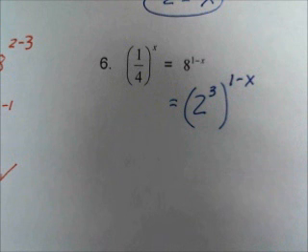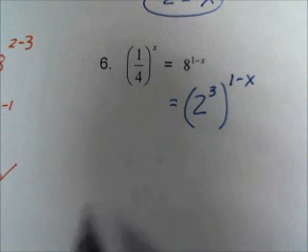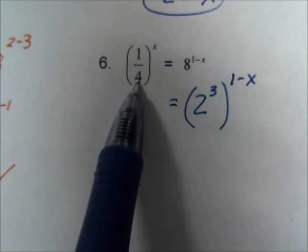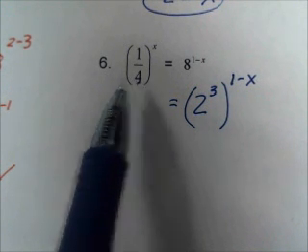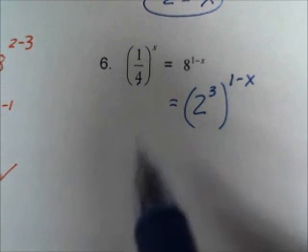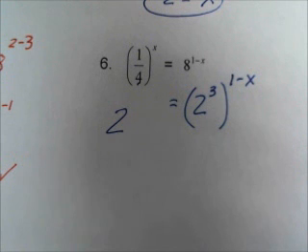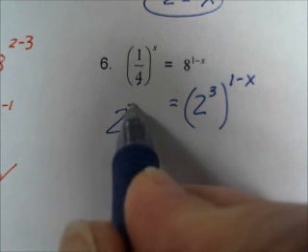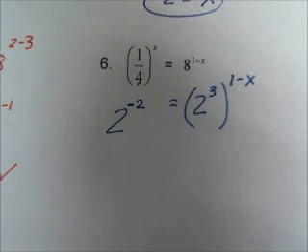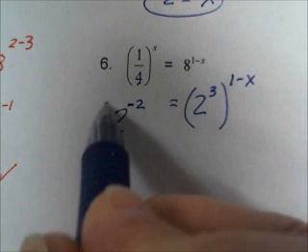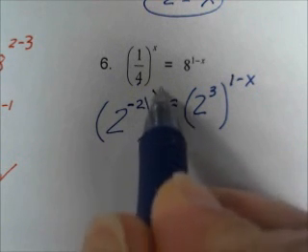Copy my exponent. So now for 1/4, well, 4 is 2 squared, and to express 1/4 as 2 to a power, we would have to write it as 2 to the -2 power, raised to the x.